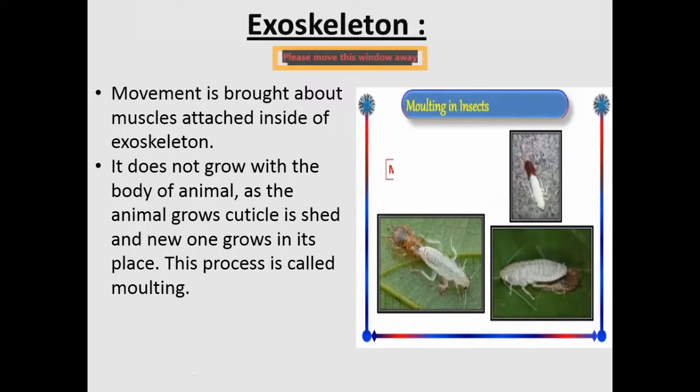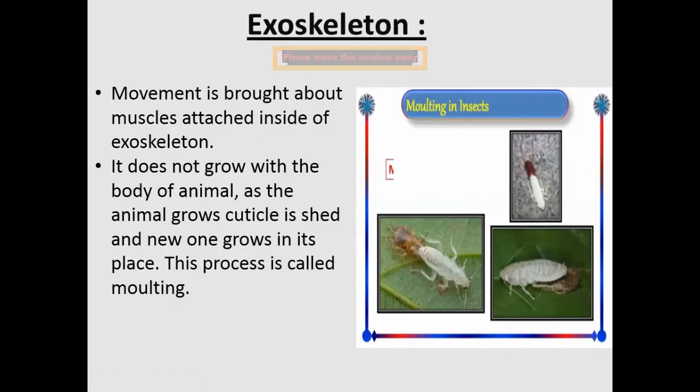We know that exoskeleton is found in invertebrates, and the body of insects is covered by a hard, tough cuticle, which is strong and waterproof chitin. Movement is brought about by muscles attached inside the exoskeleton.